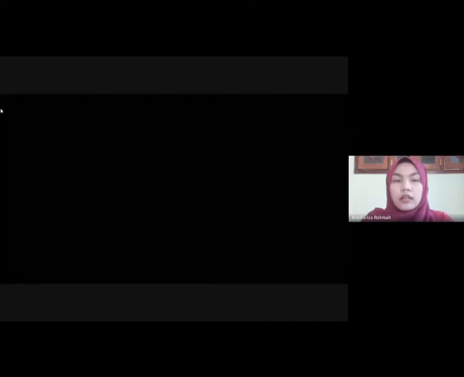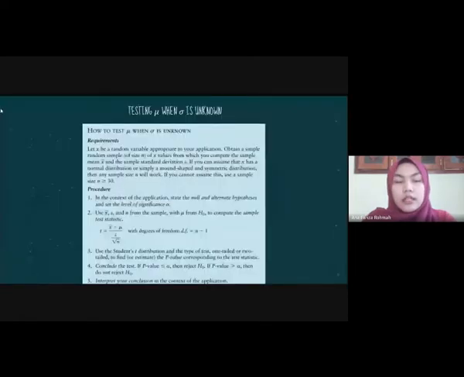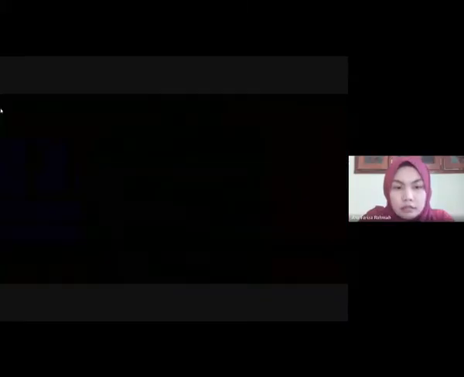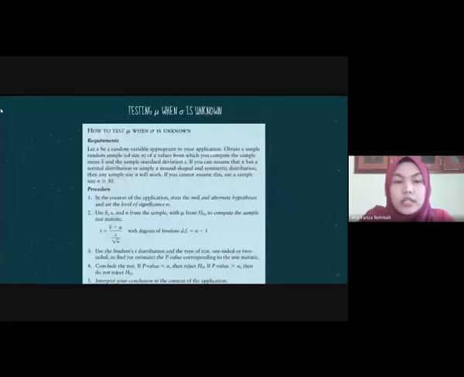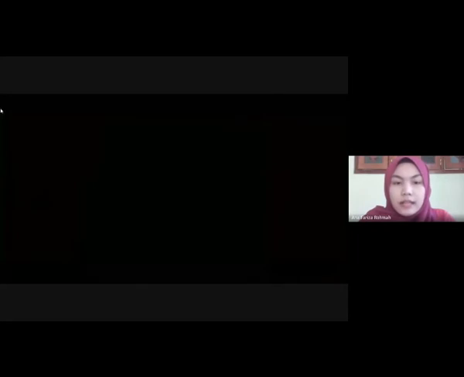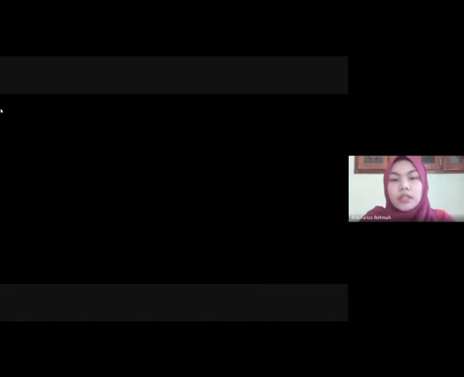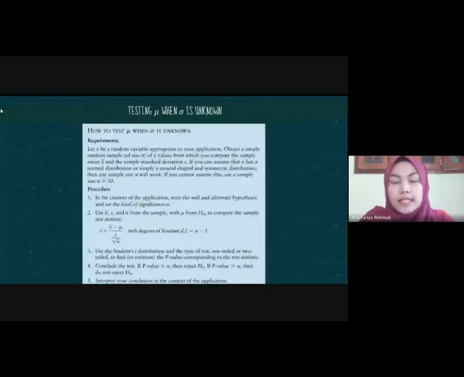And the procedure is: first, in the context of the application, set the null and alternate hypothesis and set the level of significance alpha. And the second is use X bar and S from the sample, with mu from the null hypothesis, to compute the sample test statistic.